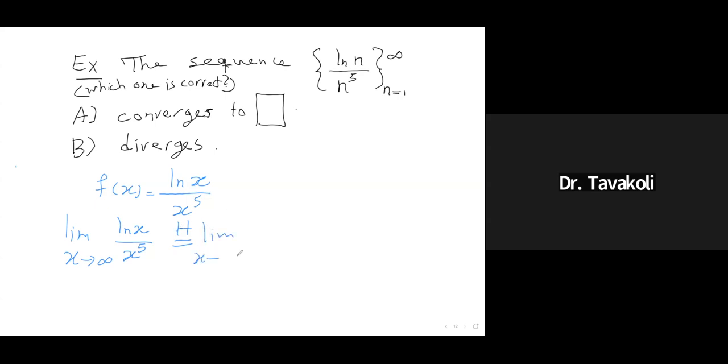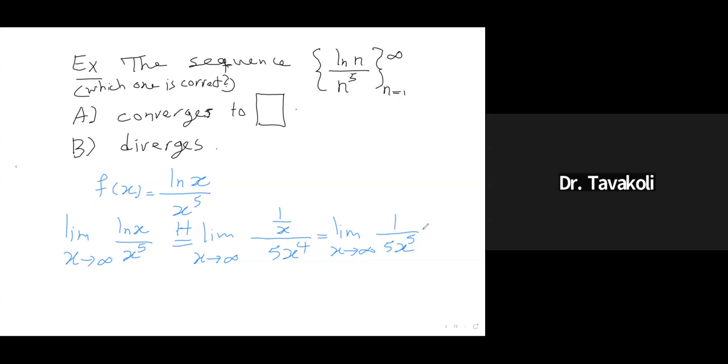What is the derivative of ln of x? It is 1 over x. What is the derivative of x to the 5? 5x to the 4. So let's simplify this. 1 over x divided by 5x to the 4 is 1 over 5x to the 5. Using basic algebra, we can simplify like this.